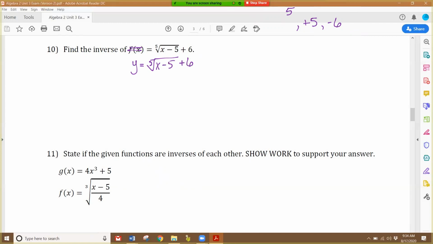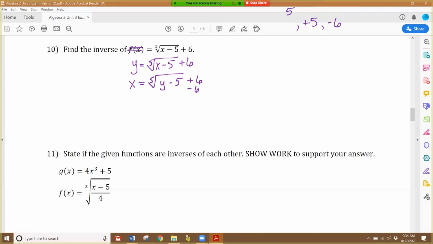Step number 2, we're going to switch x and y. Once we switch x and y, we want to solve for y, but first we've got to isolate that 5th root.